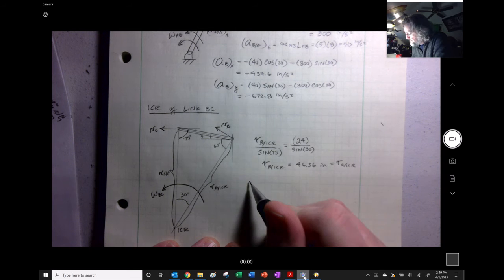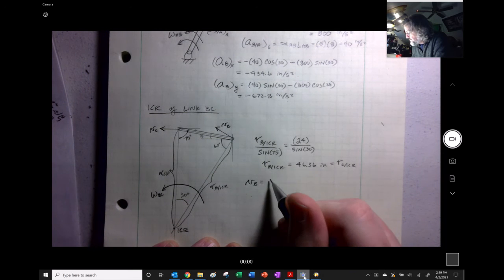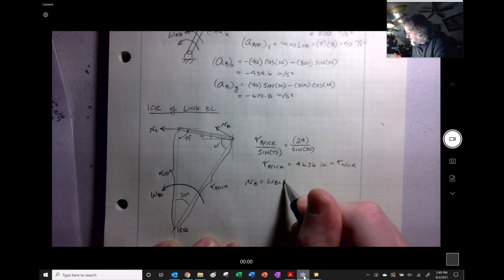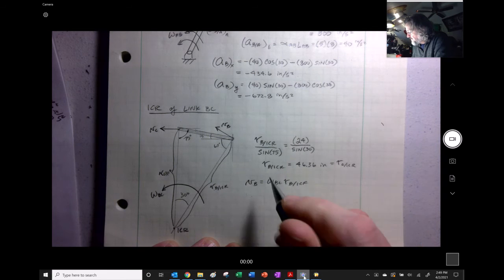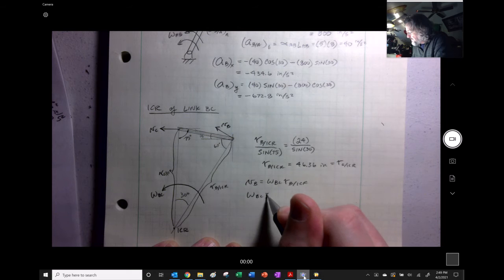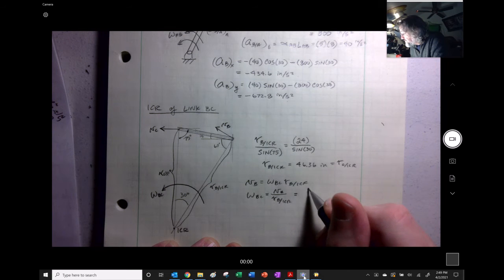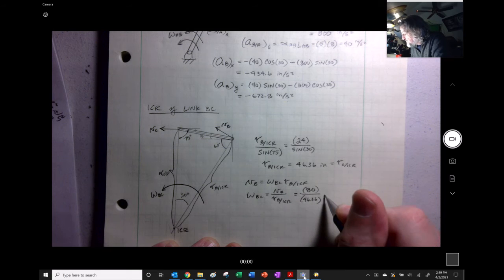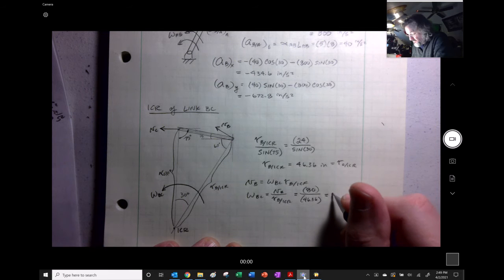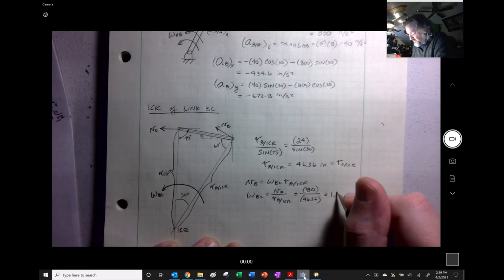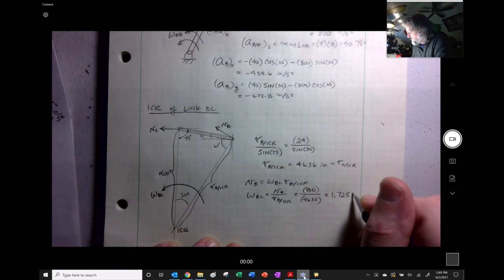So since we know that VB is equal to omega BC times RB with respect to ICR, we can find omega BC is going to be equal to VB over RB with respect to ICR, which we just found to be 80, so divided by 46.36, and we get an omega of 1.7256, I guess.